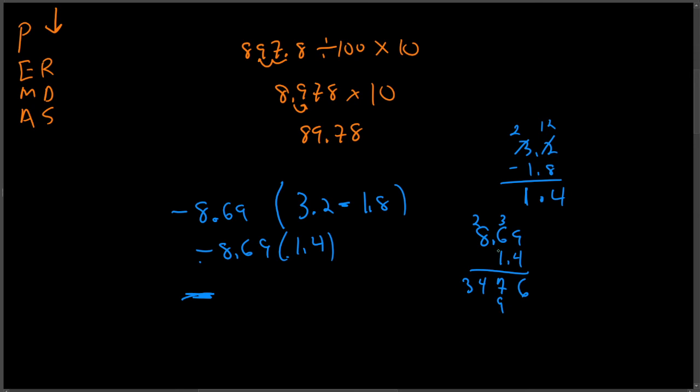And now multiplying by 1, and copy those, and add. Now I have to figure out how many decimal places I had in my factors. 1, 2, 3. And so I have negative 12.166.